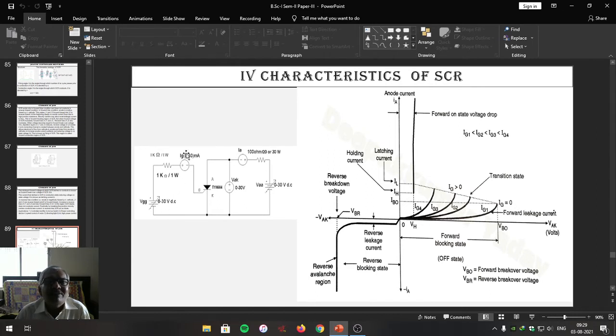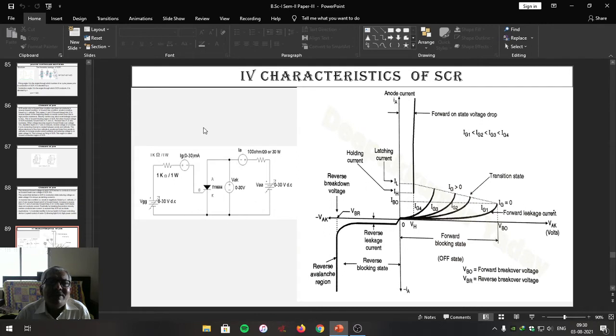In series with that, a current meter is connected to measure the gate current IG. Now again there is a resistance in series with that to limit current through the gate. Friends, this is the circuit diagram now properly used to study the forward biased IV characteristics.